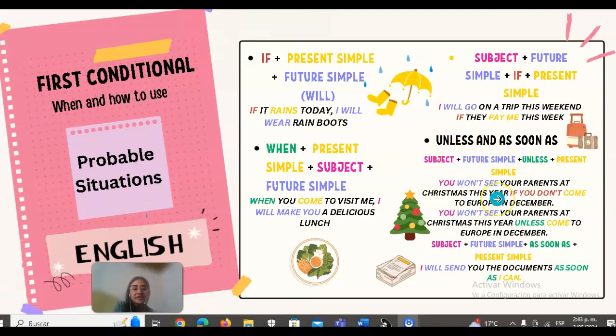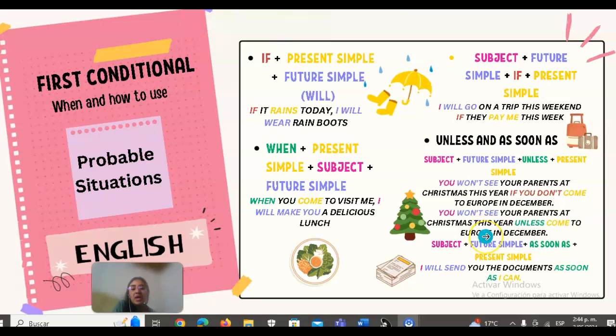Finally, in the first conditional, we can also make use of 2 important elements, such as unless and as soon as. The first, unless, is used as a substitute for if not.